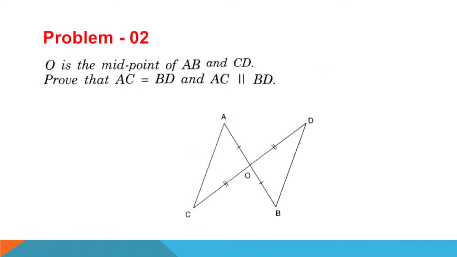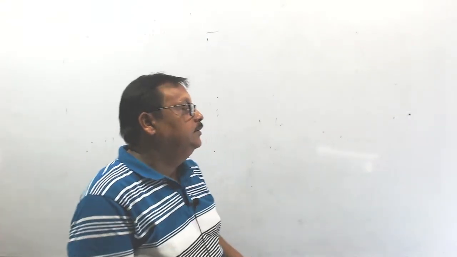Problem number 2. See clearly. First you draw the picture and read the question. What are given and what to prove? O is the midpoint.